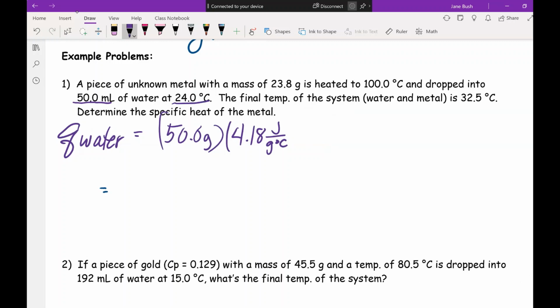The water started at 24 and ended at 32.5. So what's my temperature change? 8.5. So if we multiply that out, 50 times 4.18 times 8.5, we get 1776.5.